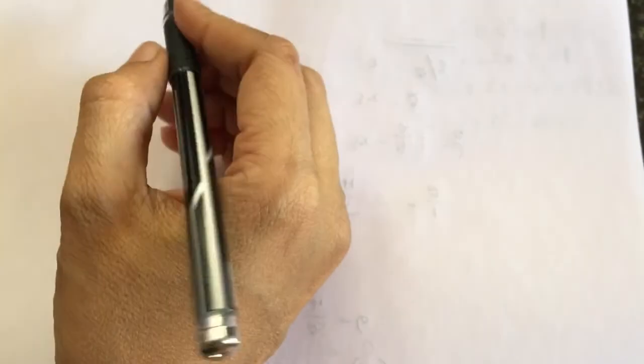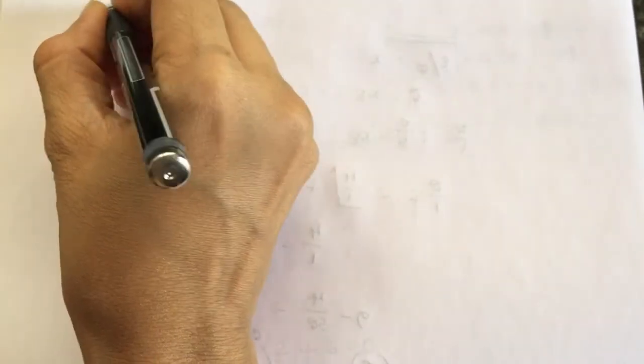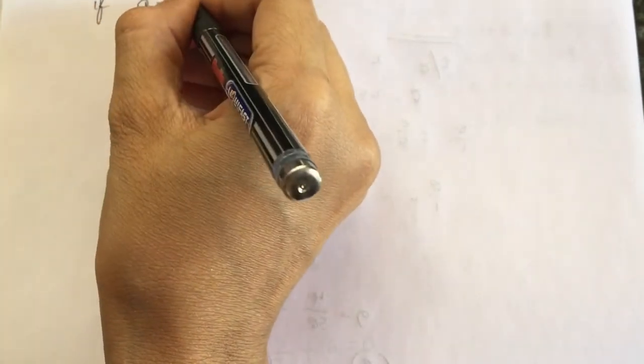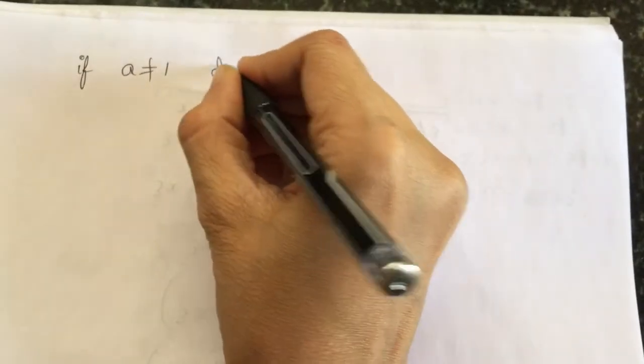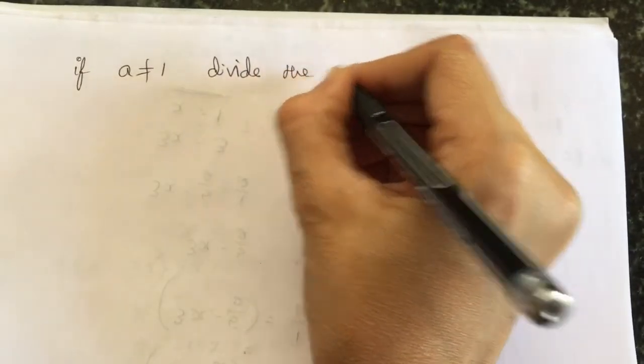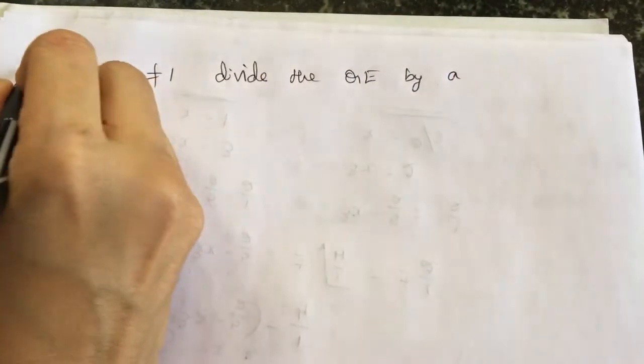First thing, if a is not equal to 0, not equal to 1, then divide the quadratic equation by a. Okay, first step.